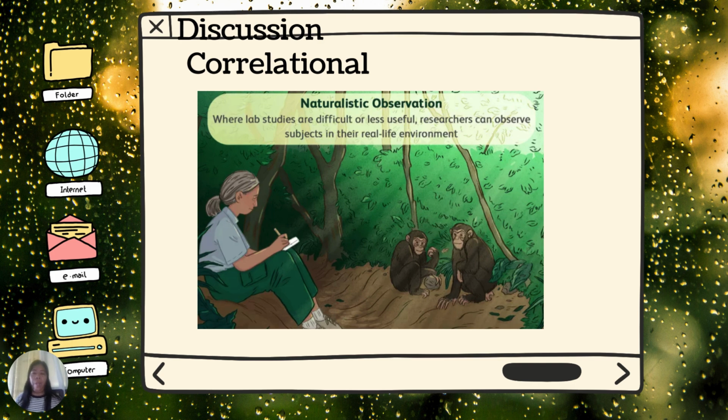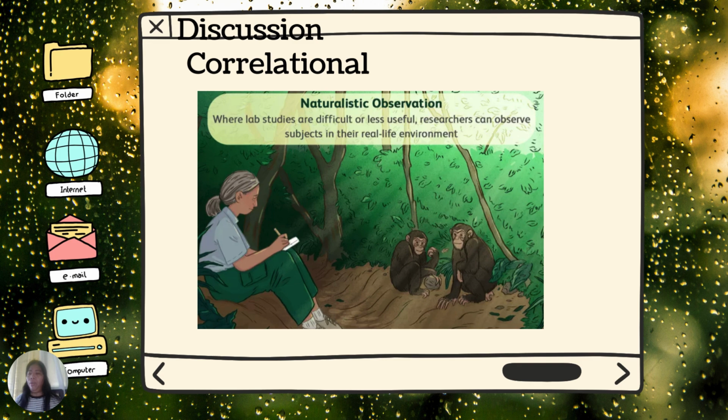The primary intention of the researcher is to observe how the subjects interact, how they move, and what type of style of living they are performing while the researcher is observing.